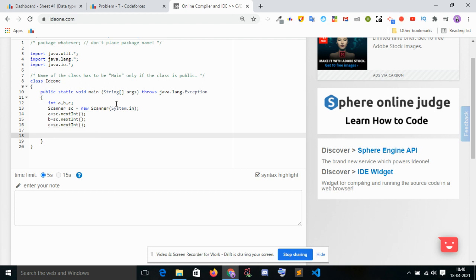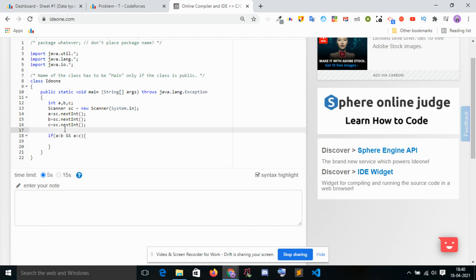So find the minimum value first. How do I find it? If a is greater than b, I will find the largest number. If a is greater than c, then definitely a is our largest number. Or you can write if a is less than b and a less than c.